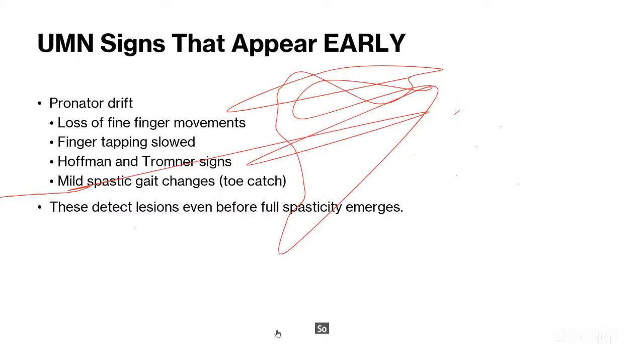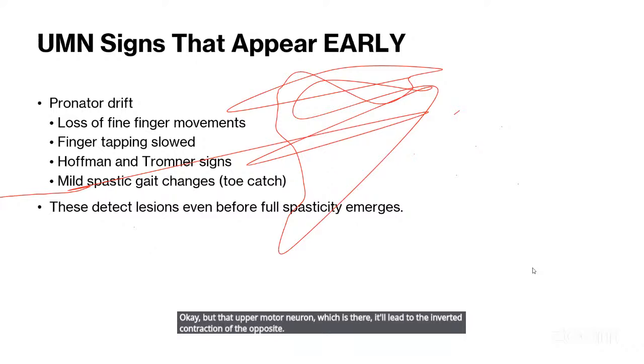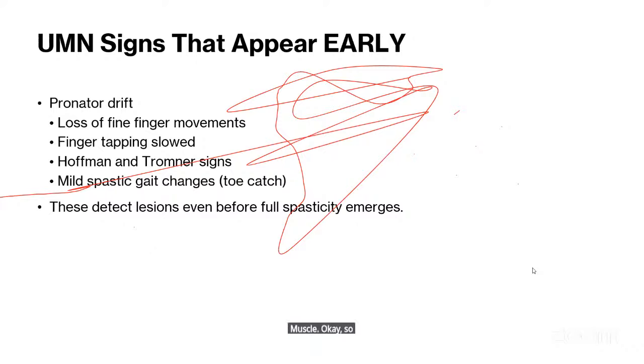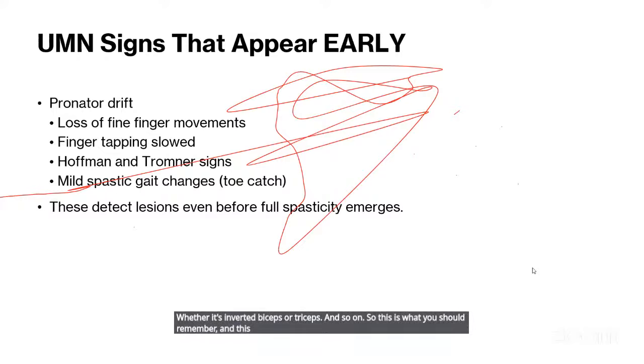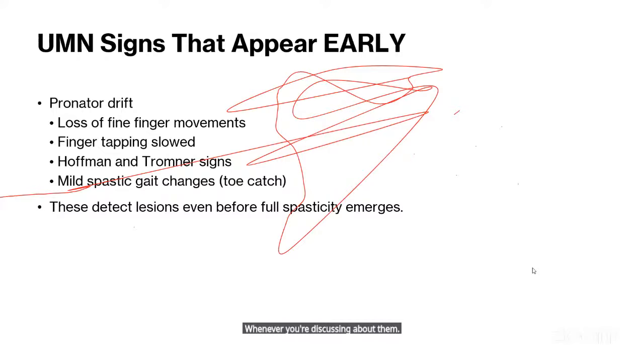So that root is not going to let that reflex happen. But that upper motor neuron which is there will lead to the inverted contraction of the opposite muscle. So you'll get an inverted reflex, whether it's inverted biceps or triceps, and so on. This is what you should remember, and this is also one of the important aspects whenever you're discussing spinal cord pathologies.